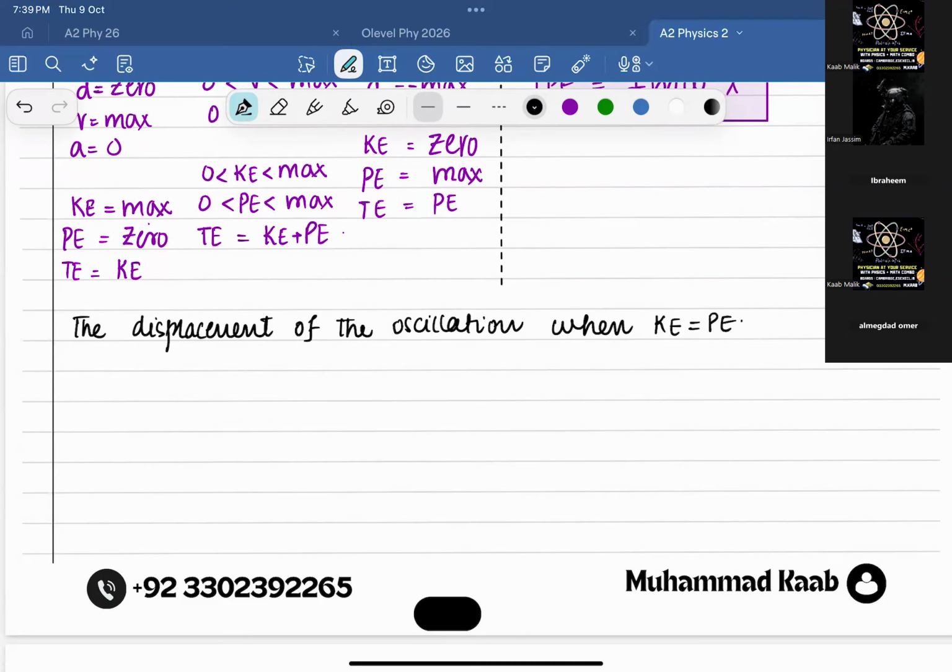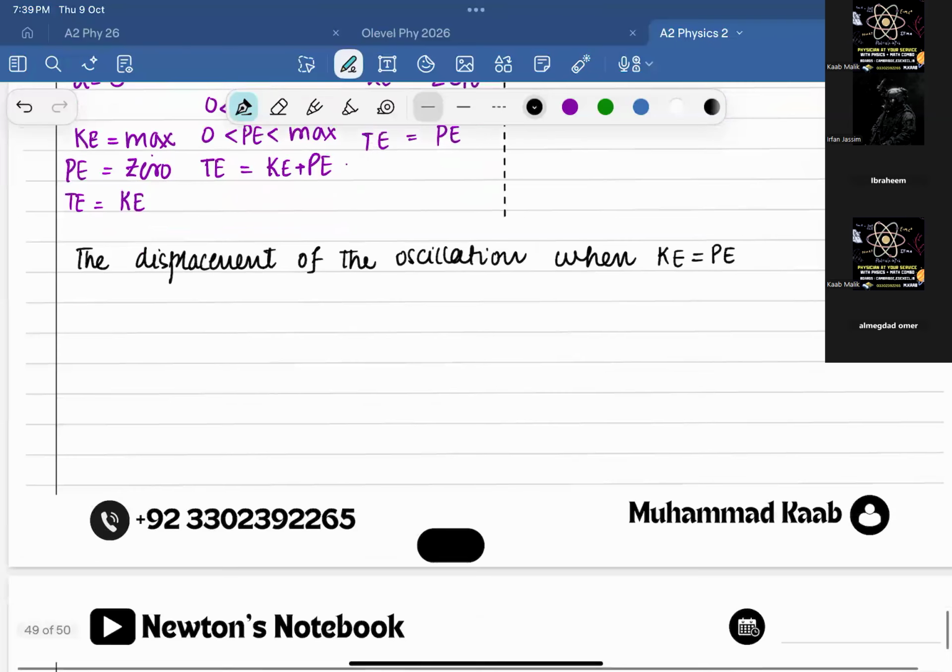This is the point we are working at. When kinetic energy equals potential energy, what will be the displacement of the particle in terms of amplitude? If the amplitude is one centimeter, will the displacement be half, or will it be different? So this is the question.